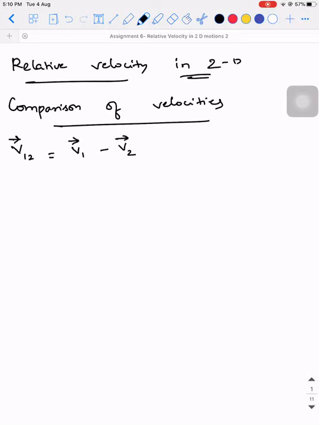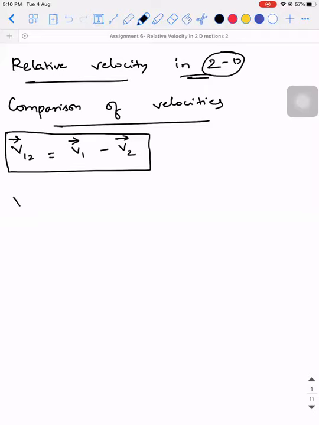In two-dimensional motion, along with the magnitude, the direction matters, since it becomes a vector quantity. But the formula you can remember is velocity of the first vector with respect to the second is velocity of the first vector minus velocity of the second vector. Or sometimes we write it as velocity of A with respect to B is velocity of A minus velocity of B.